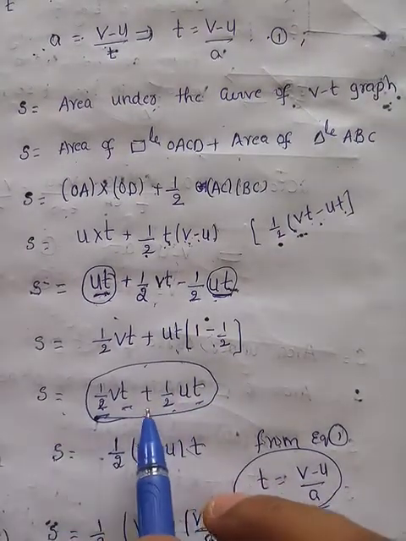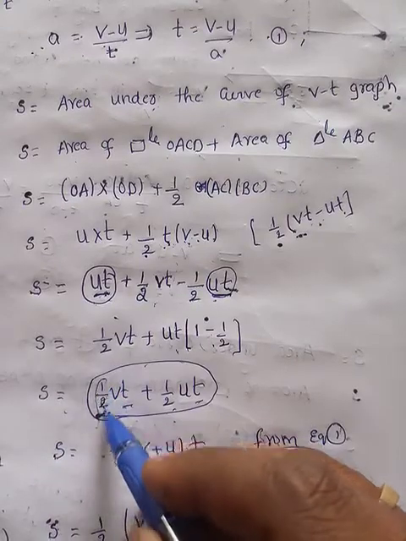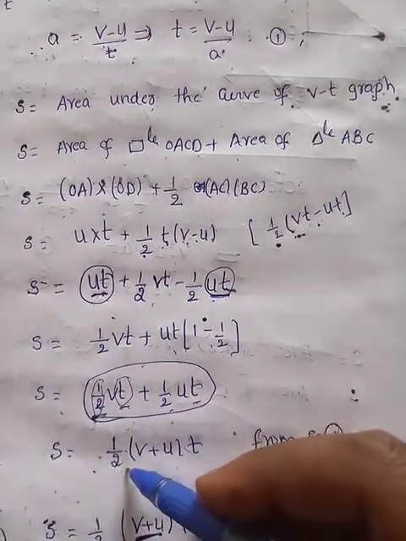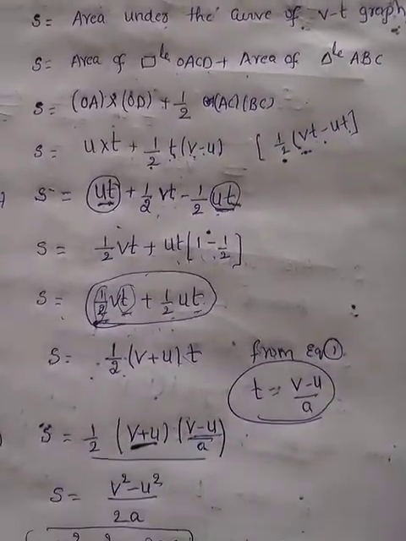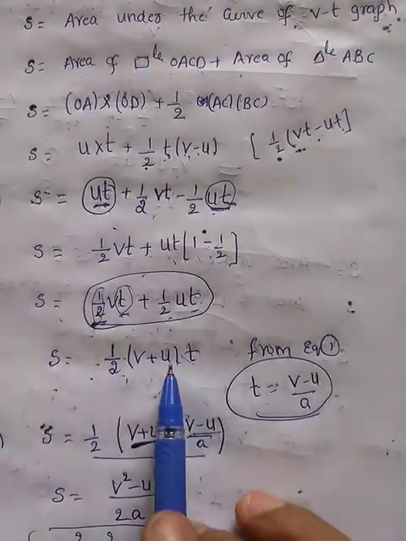So S is equal to half vt plus half ut. Again, what is common here? Half is common, t is also common. Half we remove outside. Half into (v plus u) into t. Yes. So S is equal to half into (v plus u) into t.